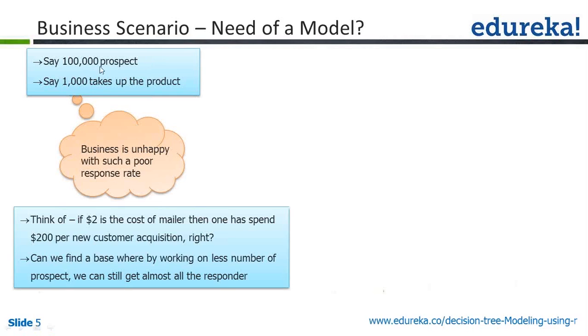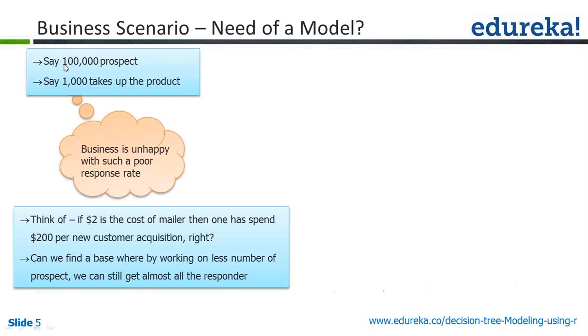You spent $200,000, and how many customers did you get? 1,000. So essentially you spent $200 to get just one customer. For each prospect you sent the offer details in a very glossy kind of brochure, with probably a CD, and ultimately only 1,000 took it. So for acquiring one customer you spent $200, correct?